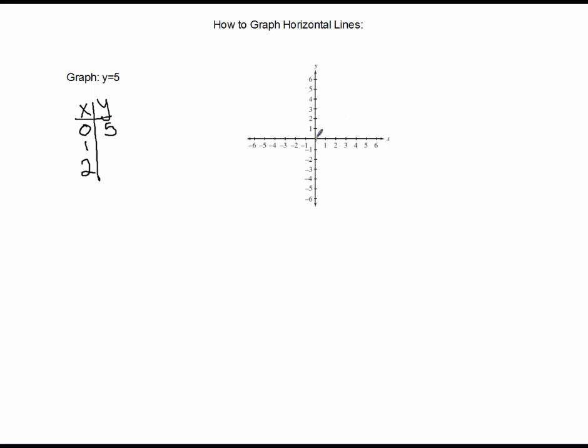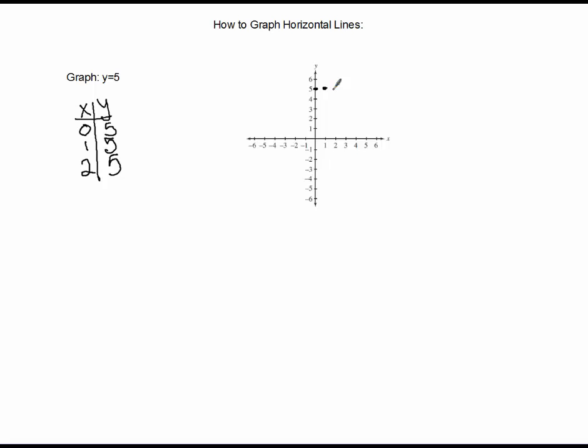So if I plot that, 0, 5 is here. And then again, if x is 1, y still has to be 5, so that when I plug it into the equation, I still have a solution, so it'll be 1 comma 5, and then finally 2, and y has to be 5, so that when I plug it in, I get a true statement.